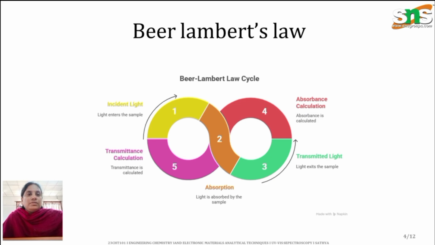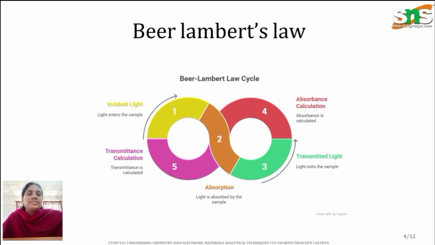So what is meant by Beer-Lambert's law? Once the incident radiation, the incident light, passes through the object, the absorbance is directly proportional to the concentration of the solution and the thickness of the sample holder.